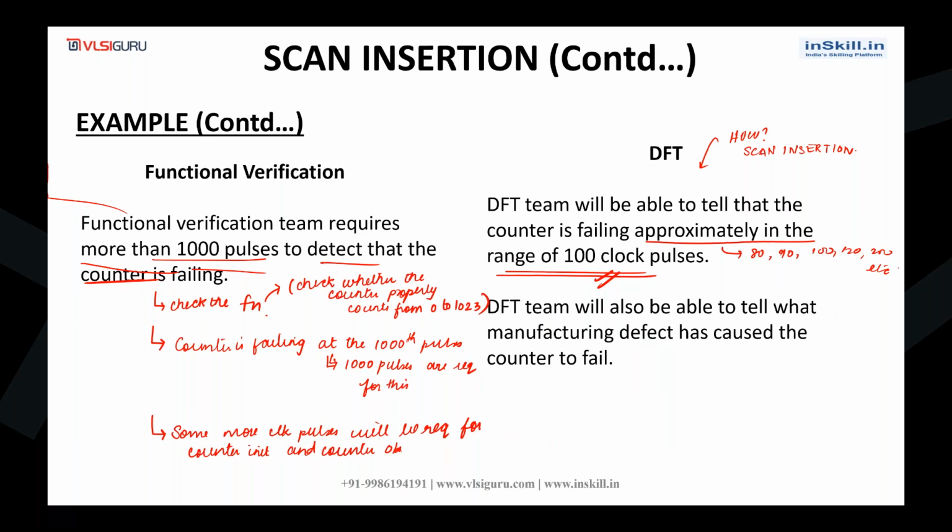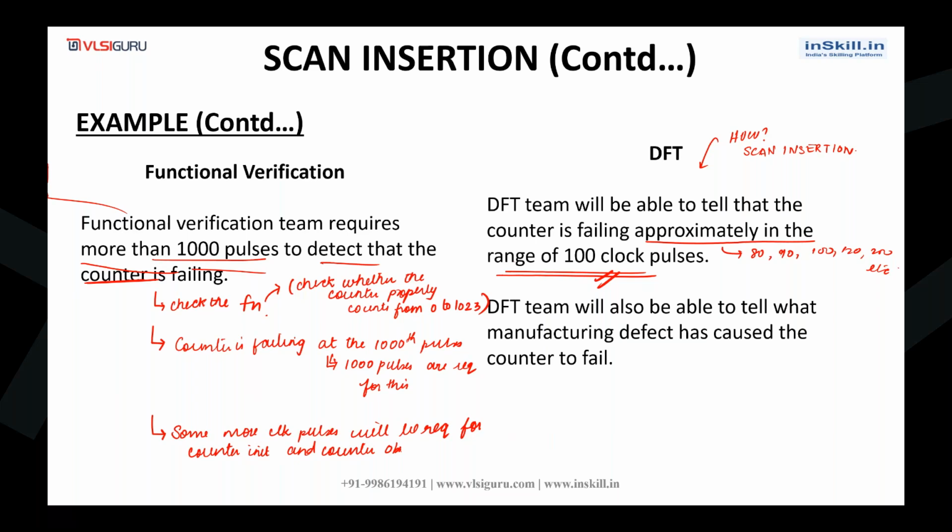Okay, we'll take up the same example once again. We will explore it and see in detail how the DFT team is able to tell that the counter is failing approximately in the range of 100 clock pulses itself. As of now, just remember that it is because the DFT team is going for scan insertion, because of which we are easily able to control and observe our circuit.